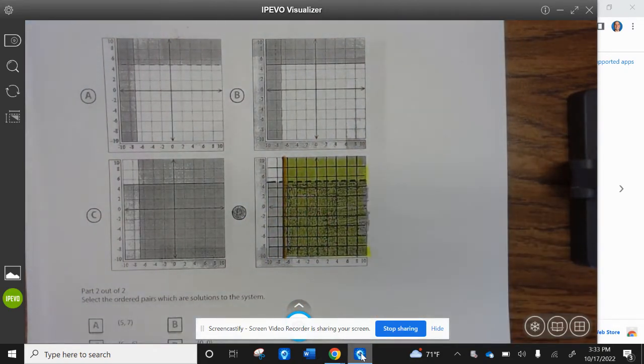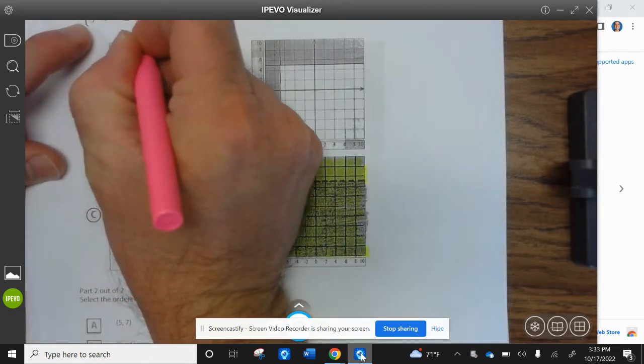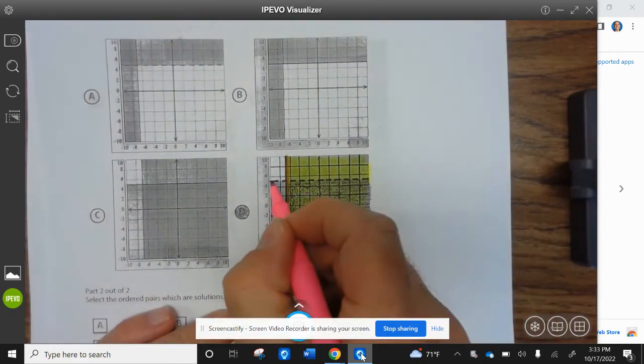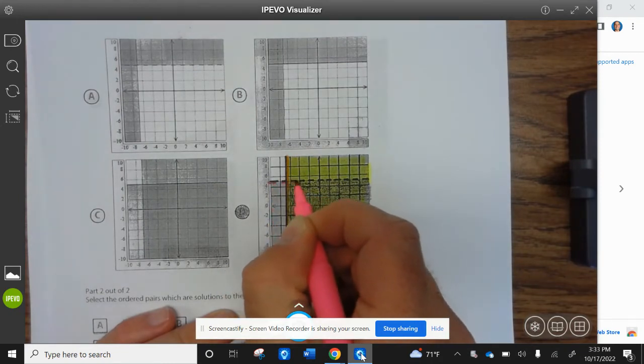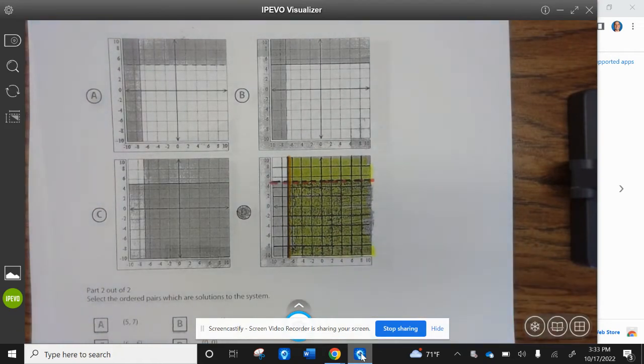Okay, and then y is less than 5, that's a dashed line, and it's a horizontal line at positive 5. And it's less than, so we shade below.